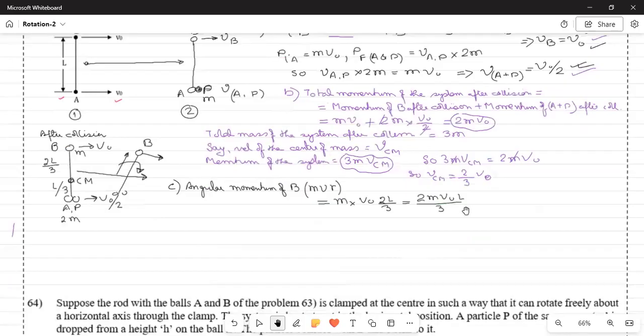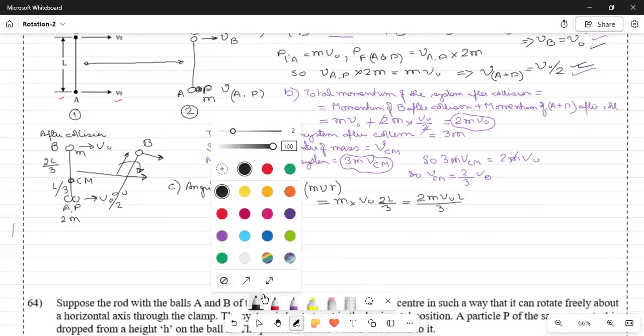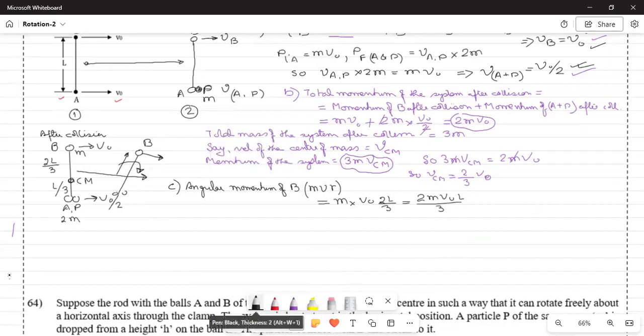This is the angular momentum of B. Let us find out the angular momentum of the combination A and P together by using the same formula.